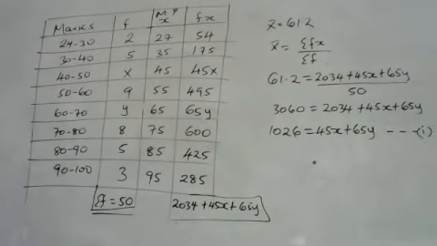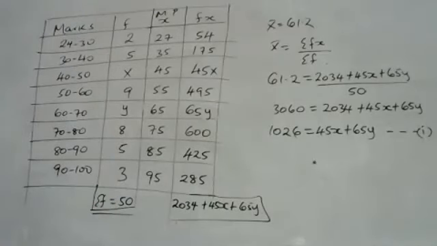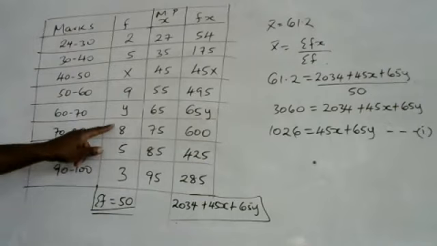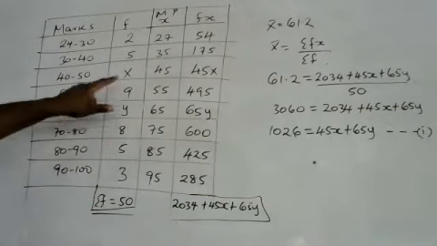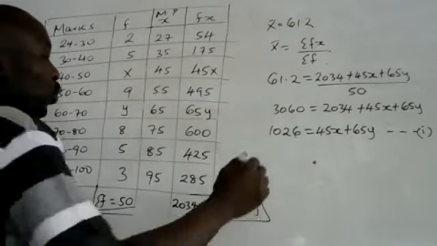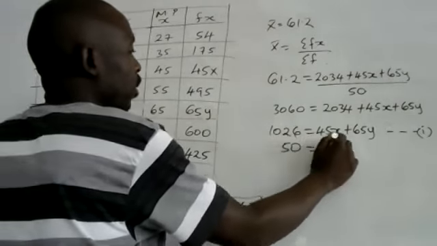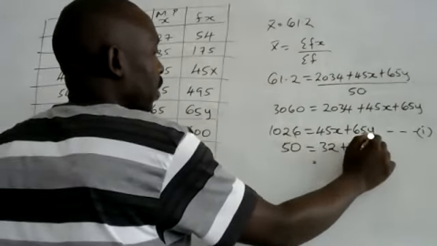Then we come here. If the sum of this is 50, what is the value of the total of the known frequencies? If we add 3 plus 5 plus 8 plus 9 plus 5 plus 2, then we can say here 50 is equal to 32 plus x plus y.